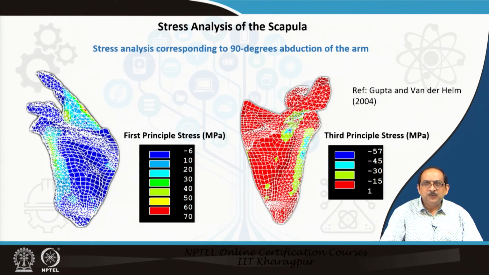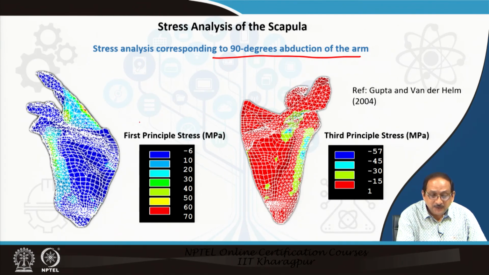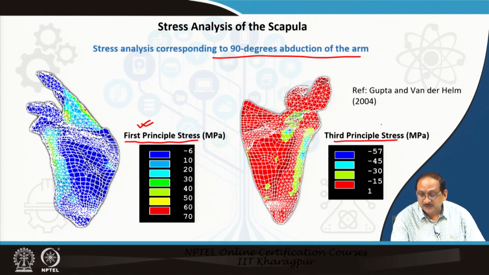Let me present to you the stress analysis of the natural scapula corresponding to 90-degree abduction of the arm. Here we present 2 figures, the first principal stress distribution on the left and the third principal stress distribution on the right, so that we can evaluate the stresses in different parts of the scapula.